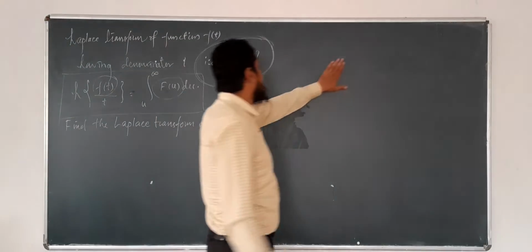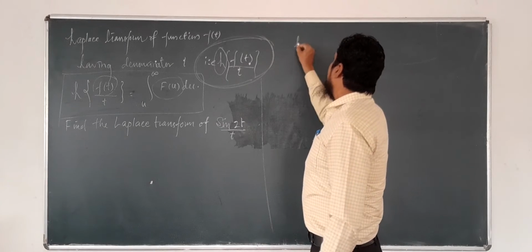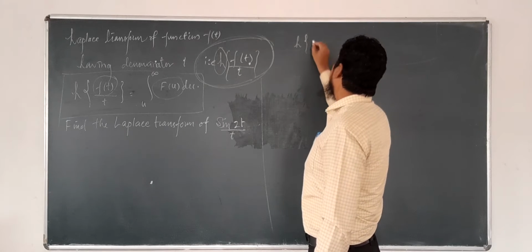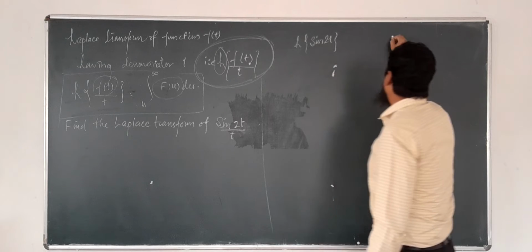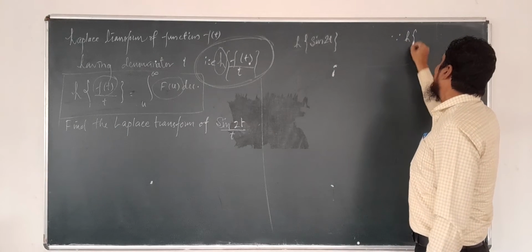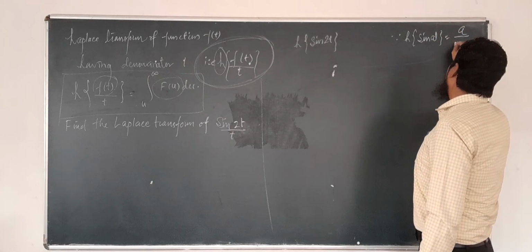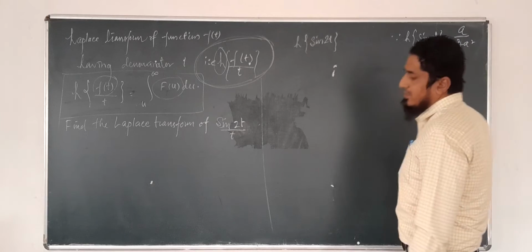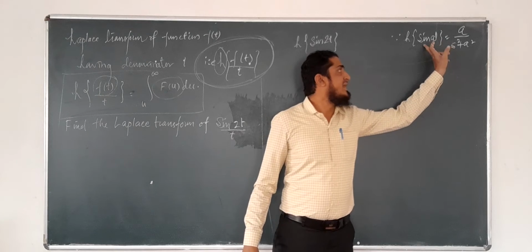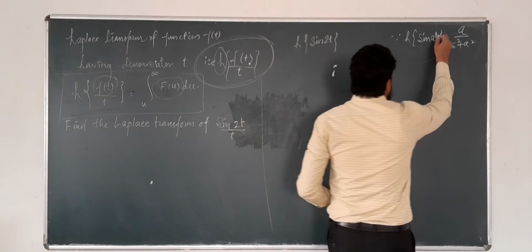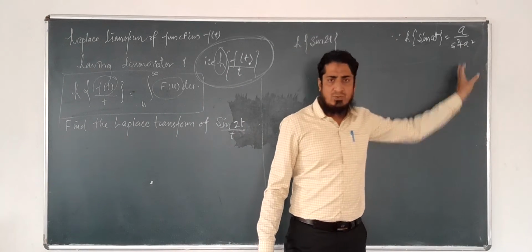So find the Laplace transform of sine 2t. We know that the Laplace transform of sine at is equal to a upon s square plus a square.